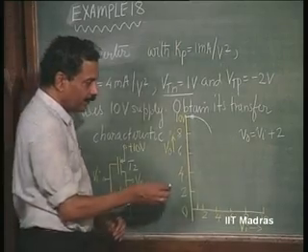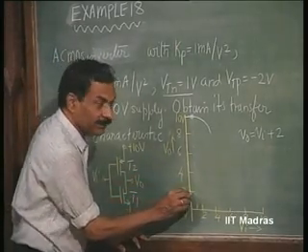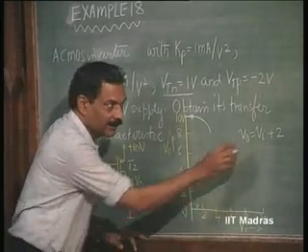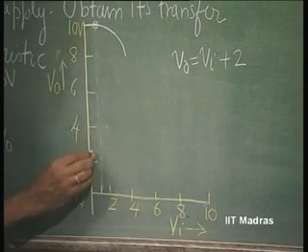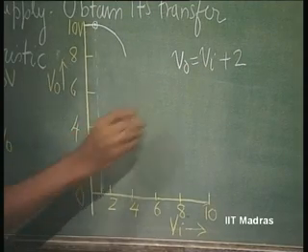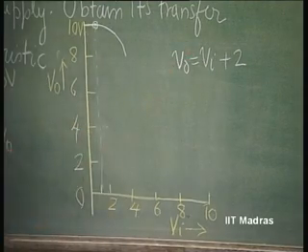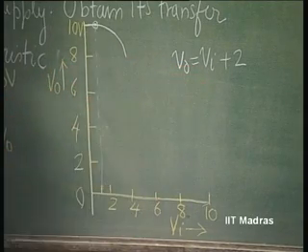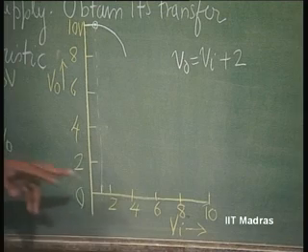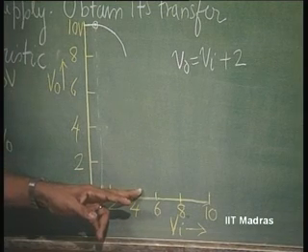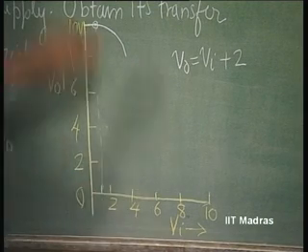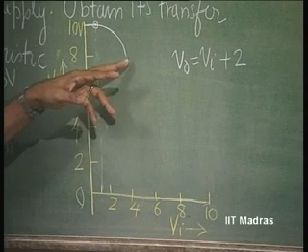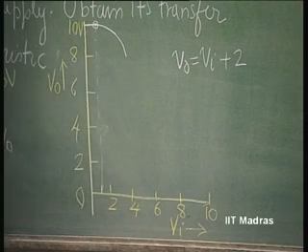So, that characteristic obviously will start with this 2, this is the intercept when Vi is equal to 0, and go with a slope of 1, and where will it intersect? That we have to find out, when this enters the current saturation region. So, we will leave it like that. We do not know where it enters the current saturation region.